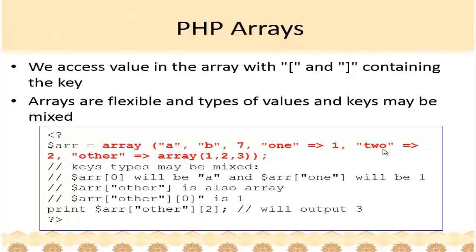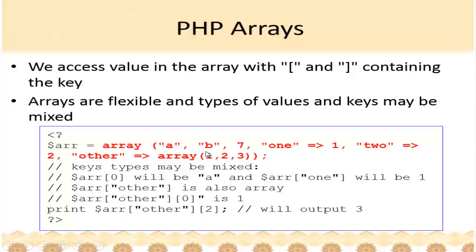Now the next one, I think I've already talked about it. You can have one of the values as an array itself. If you look at this example over here, one key is pointing to an array. So if you say ARR of other, it's actually an array altogether. In that case, how do I get the first element of ARR of other?